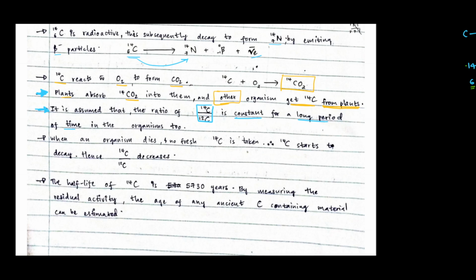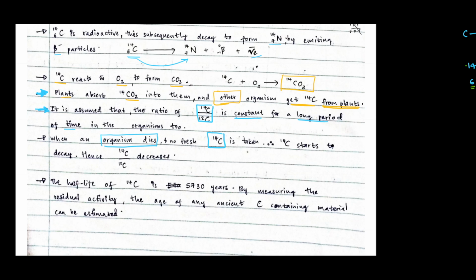That's the first assumption. Now, let's look. When an organism dies, there is no fresh intake of C14, because organisms intake C14 only from plants. But as soon as they die, they are not going to consume plants.